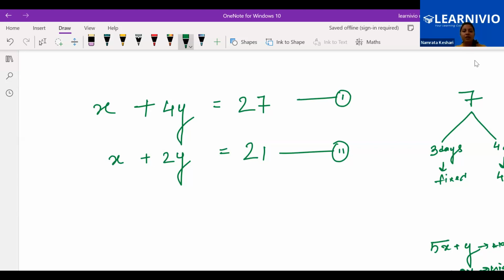Can anyone tell me what to do after this? X is coming 15 and Y is coming 3. Okay, you have calculated also. Tell me, x is coming as? X is 15. Yes, can you say it quite loudly, Harshit?